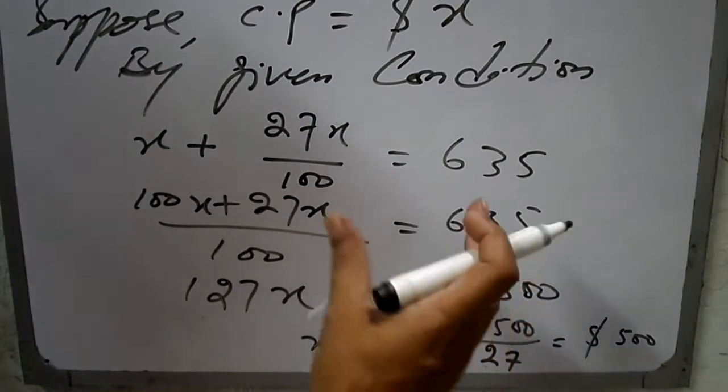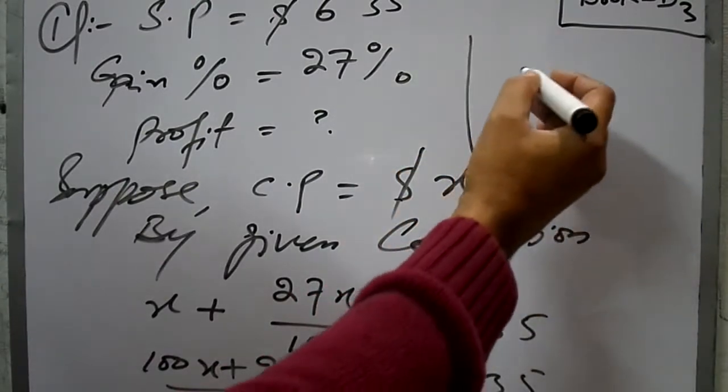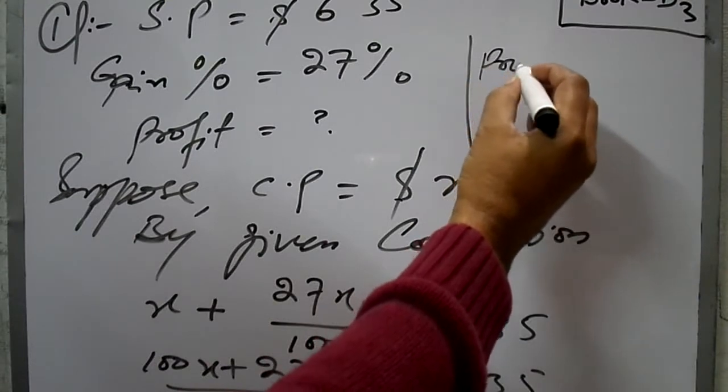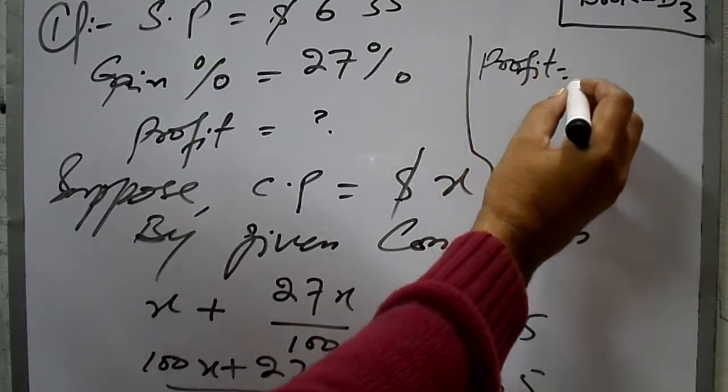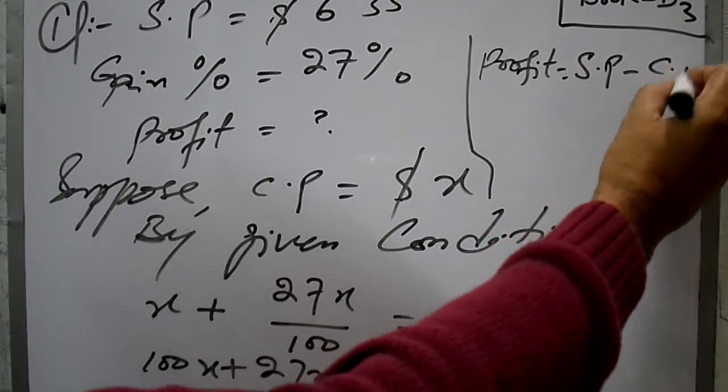So it means we have to find the profit. How can we calculate the profit? It should be noted here, profit is equal to sale price minus cost price.